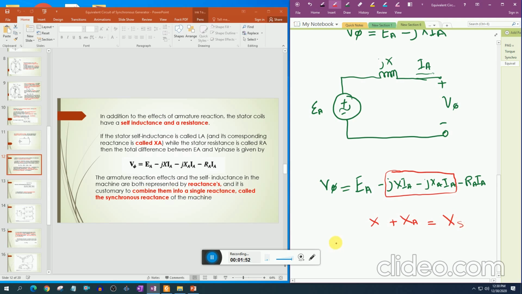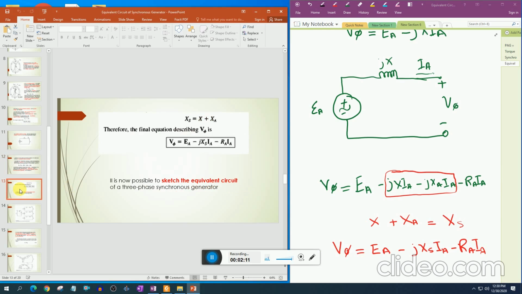So this equation becomes more simplified and it will equal EA minus j XS IA minus RA IA. So this is the final equation of V phase. That's how V phase differs from EA.